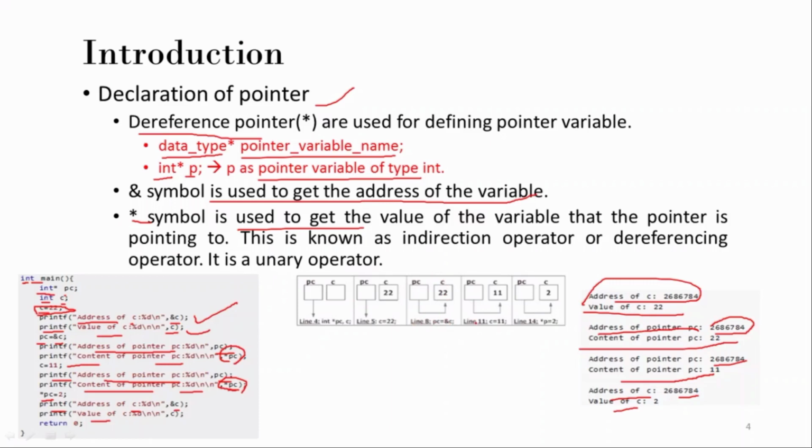Then on line 11, we initialize c equal to 11, and we store that 11 in the memory location of c. And on line 14, *pc equal to 2, the pointer points to the address of c, and the value of c is 2. So this is dereferencing pointers.